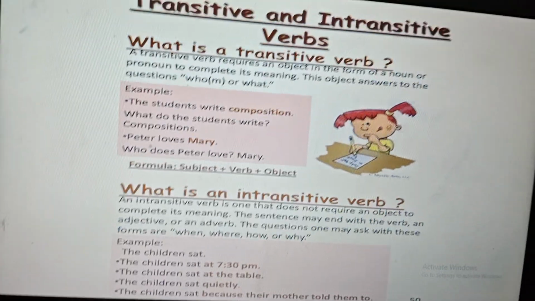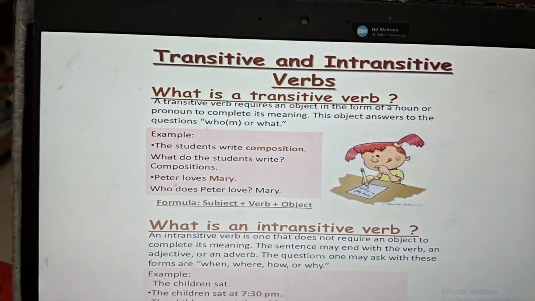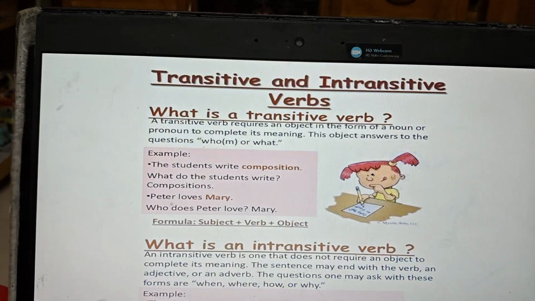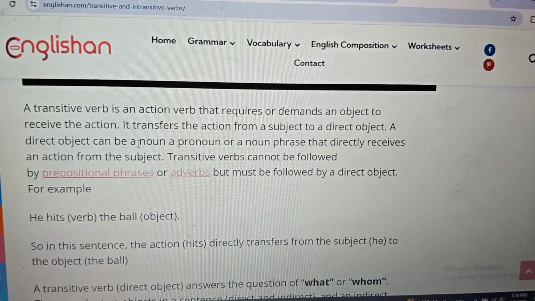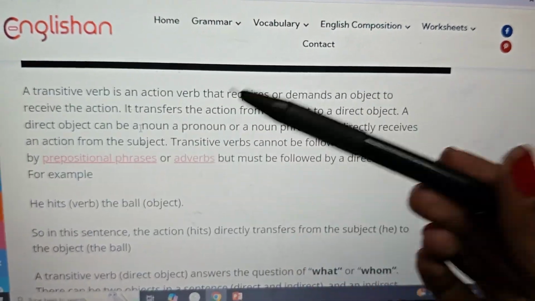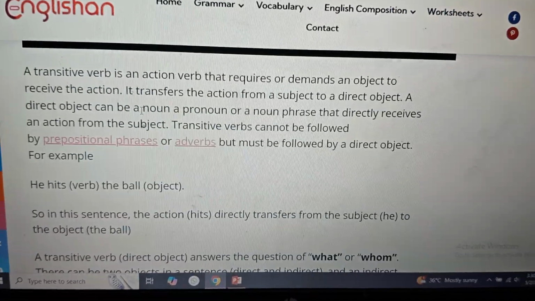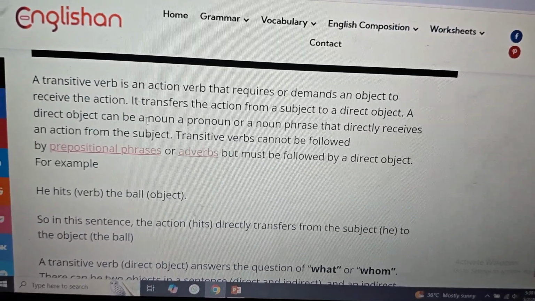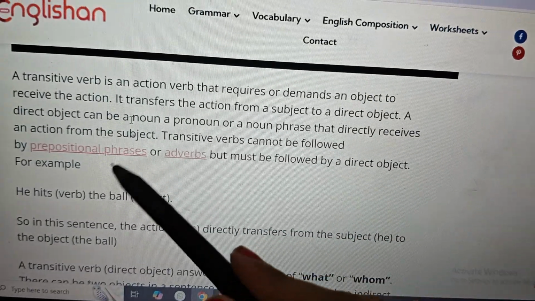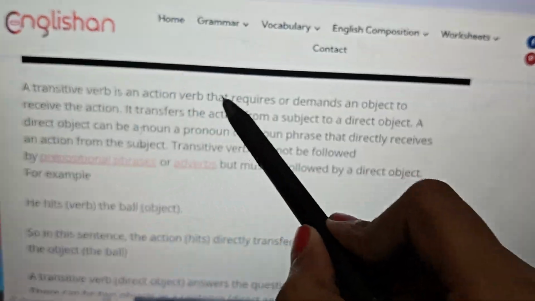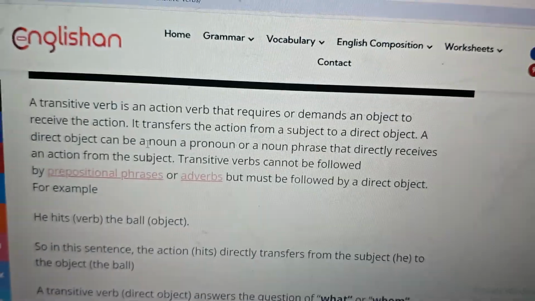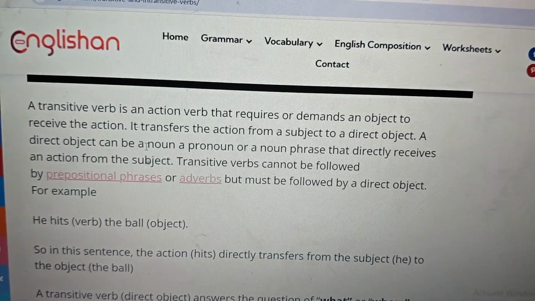So now let's also look at how transitive and intransitive verbs transform into each other. Okay, so don't think why is she searching on Google, but this is a very important topic. Now let's look at the transitive verb. It is an action that requires or demands an object to receive the action. We all know this.